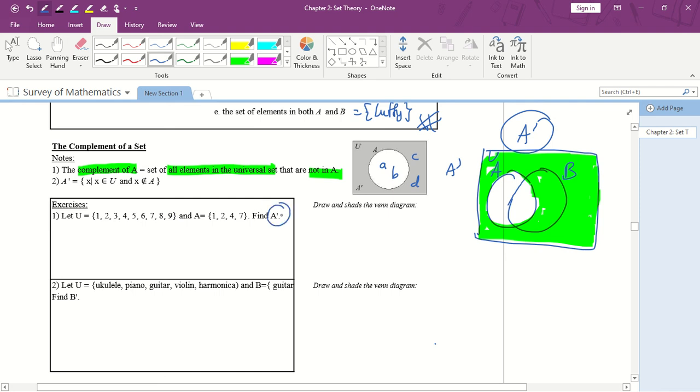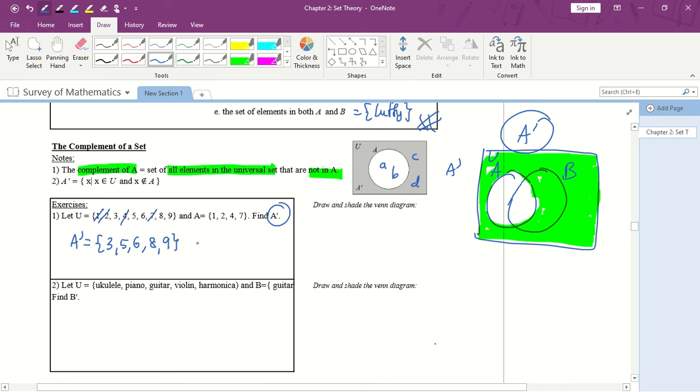A prime means the things inside U that are not in A. So you need to cut out 1, 2, 4, 7 because they are part of A. So we know that A prime is equal to 3, 5, 6, 8, and 9.